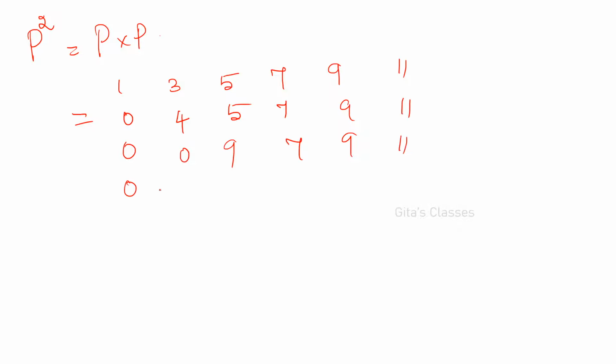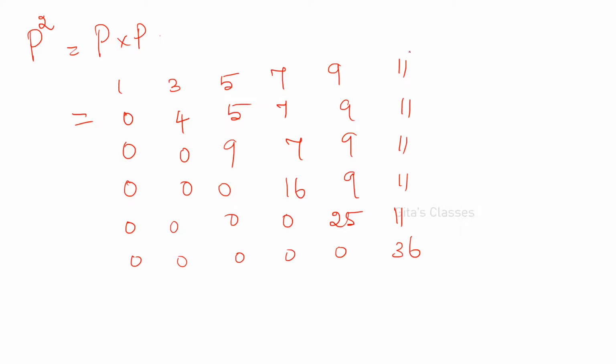Then 0, 0, 0, 16, 9, 11. Then 0, 0, 0, 0, 25, 11. Then 0, 0, 0, 0, 0, 36. So this is our p squared.